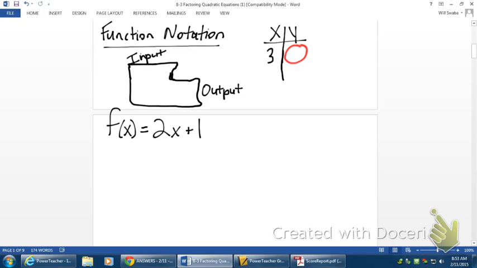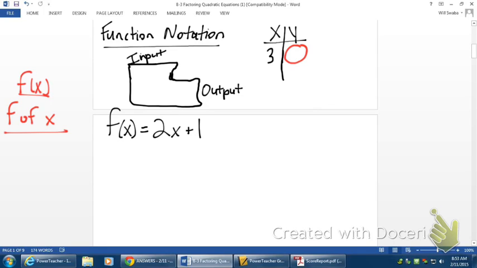Now there's something that you will see a lot when you're dealing with function notation, this f of x. And that's how it's pronounced. F of x. Okay? So if you need to do this to the side over here, this really means f of x.